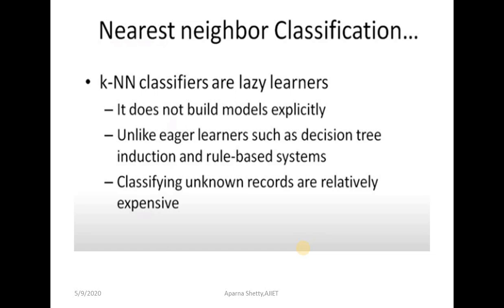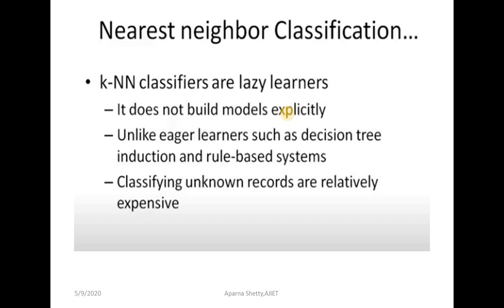Next let us briefly summarize the k nearest neighbor classifiers. As we have already known, these are lazy learners, and they do not build models explicitly. You have to remember that the k nearest neighbor classifier does not construct an explicit model.